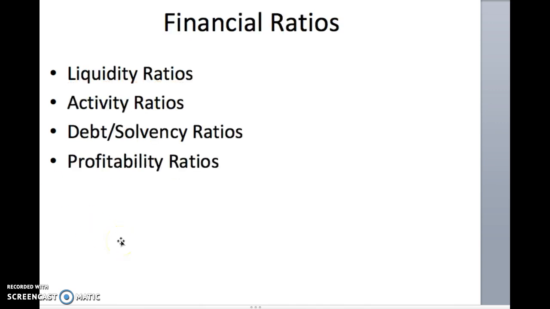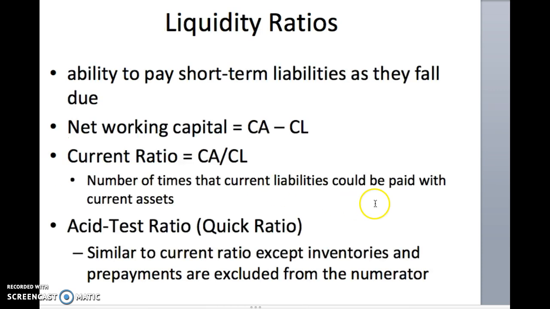There are 4 types of financial ratios. You have the following: liquidity ratios, activity ratios, debt and solvency ratios, profitability ratios. So for liquidity ratios, this pertains to your ability to pay short-term liabilities as they fall due. You have net working capital, which is equal to current assets minus current liabilities.